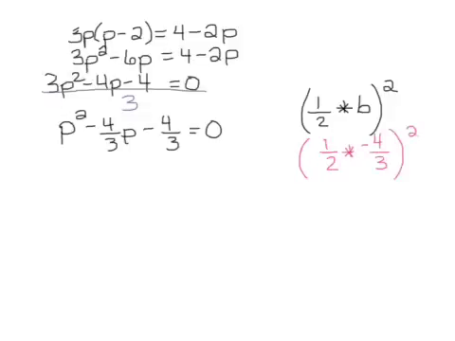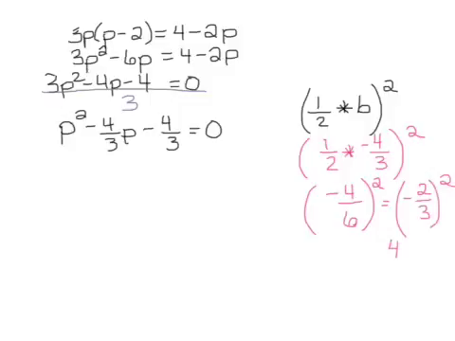And then we're going to square this value. So multiplying fractions, we multiply numerators together, we multiply denominators together. And then we can simplify this. So we can divide both terms by 2. So we have negative 2/3. And we square this to give us a positive 4/9. We have to square the numerator and square the denominator.